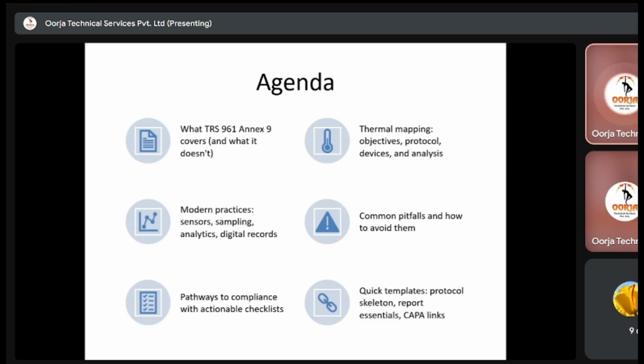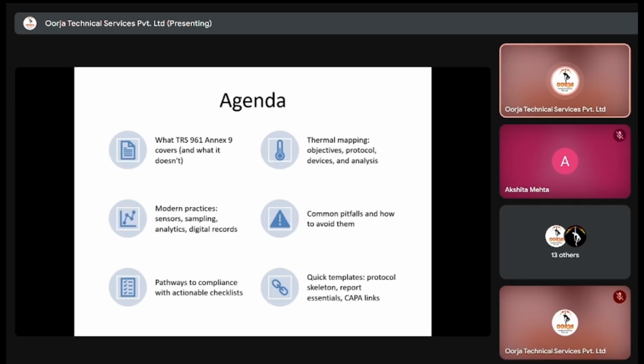Additionally, in the last part of the session, we will share a knowledge bundle with you that will include the summary sheet of WHO TRS 961 Annex 9 as well as Supplement 8. We will also share some frequently asked questions related to this guideline, in a short question and answer format.